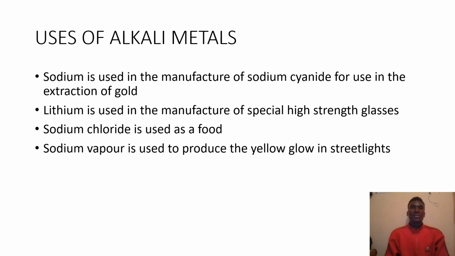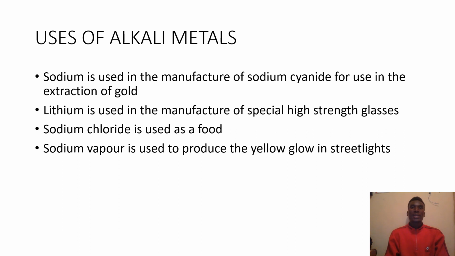Two alkali metal ions combine with one oxide ion to form the corresponding oxide. Namely, when lithium reacts with an oxide ion, it forms lithium oxide, which has a symbol that can be written also. Sodium reacts with the oxide ion to form sodium oxide.